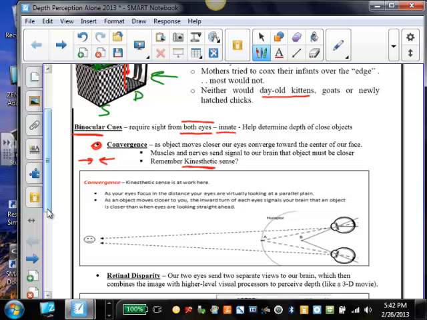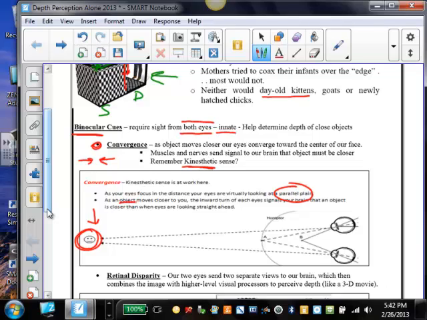So as we look at this model down here, remember that when we focus on something pretty far away, our eyes are fairly parallel. When they're looking straight ahead, our brain tends to perceive those objects as in the distance.